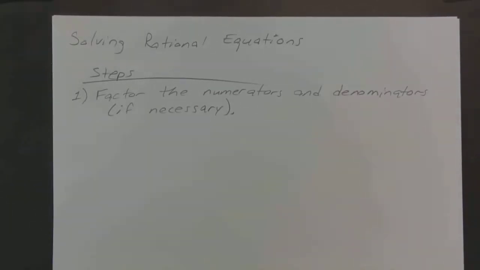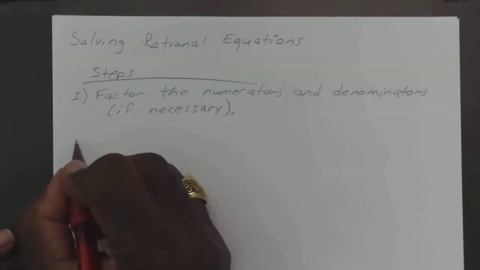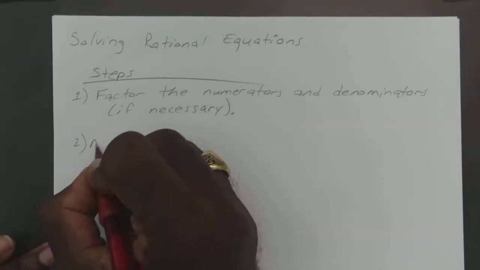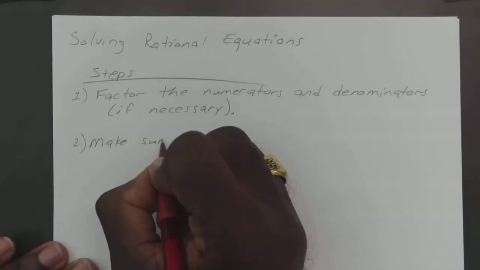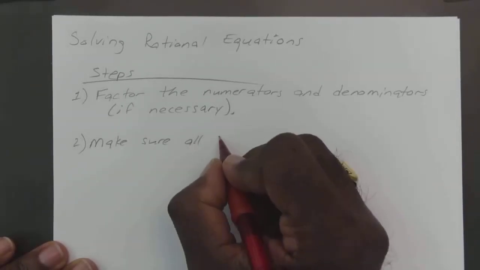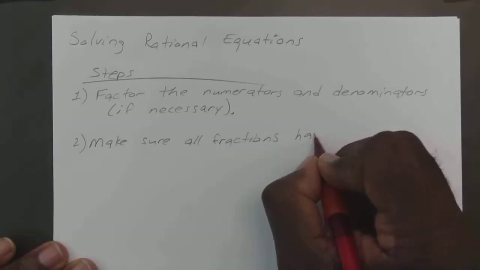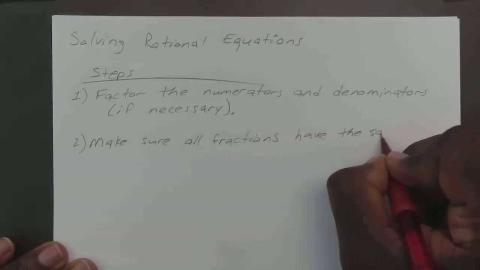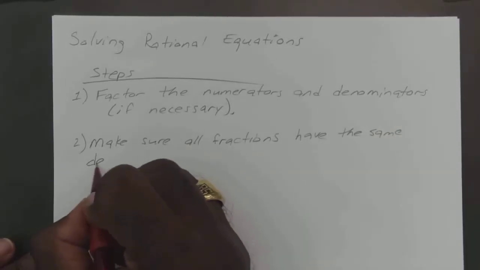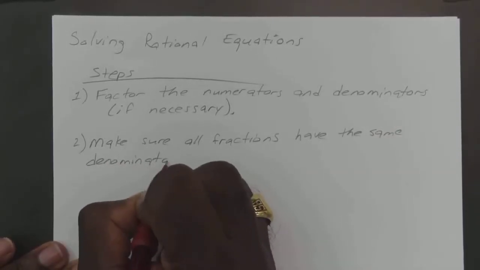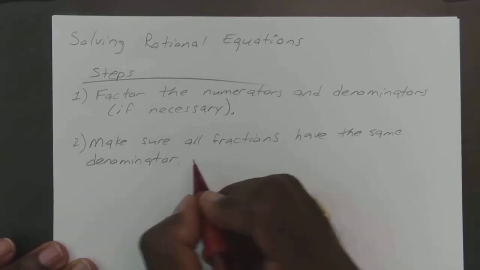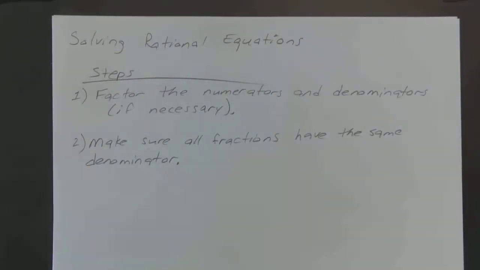Okay, so the next thing you want to do is get all of the fractions to have the same denominator. Now that means on both sides of the equal sign, because if you have the same denominator on both sides of the equal sign, they actually cancel out and disappear.